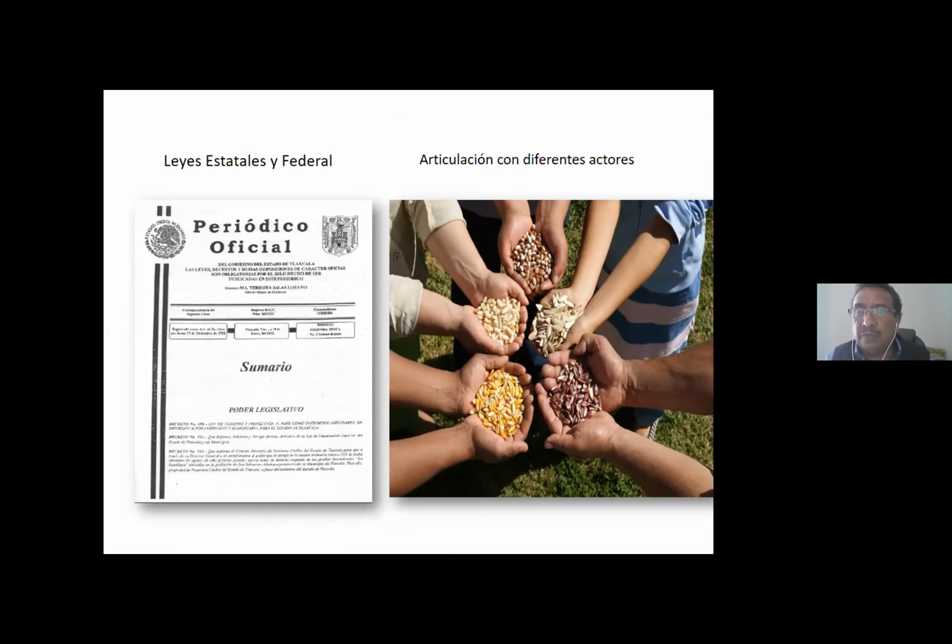Another thing that we also do to save and maintain our corn varieties is through state and federal law, where we make our demands to the state and the federal government. This is a law made by the campesinos that our varieties of corn should not be touched by the multinational corporations so that they will not be displaced.